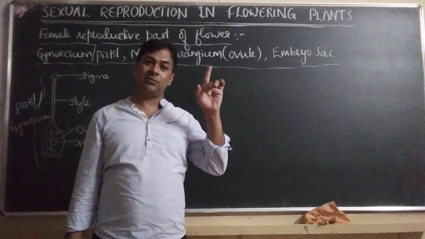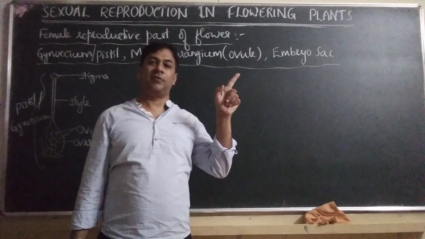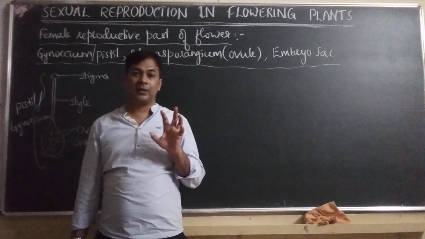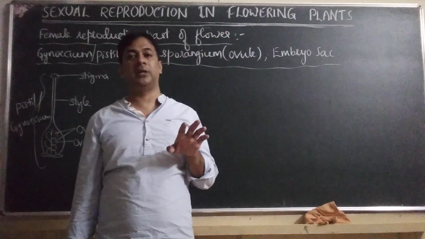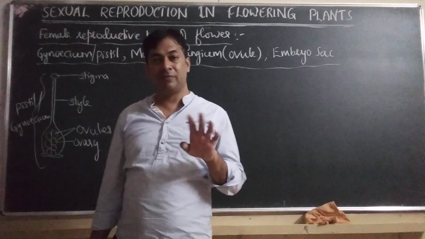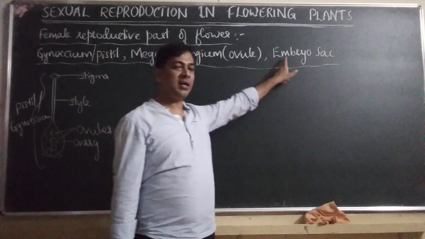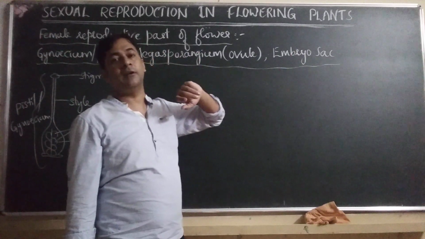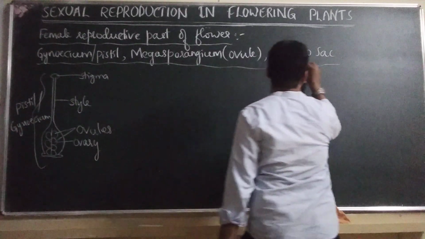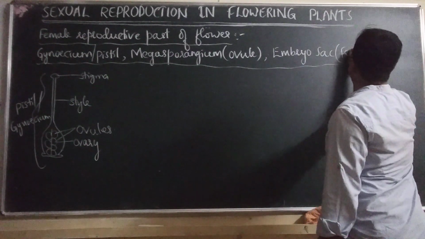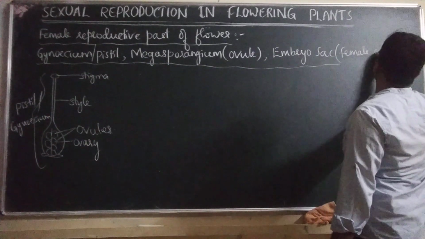In the male part of the flower, the pollen grain is a gamete-containing structure, so the pollen grain was called the male gametophyte. The embryo sac is a female gamete-containing structure, so the embryo sac should be called the female gametophyte.